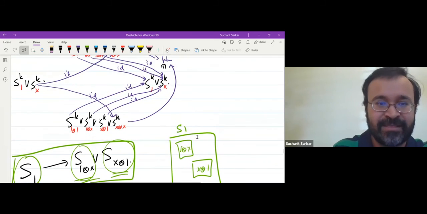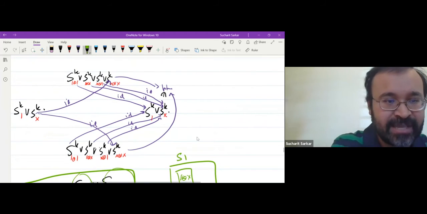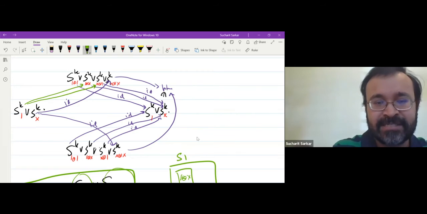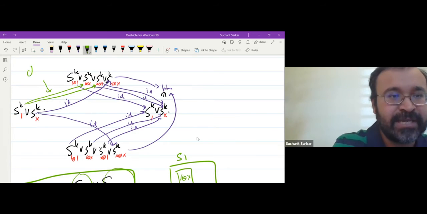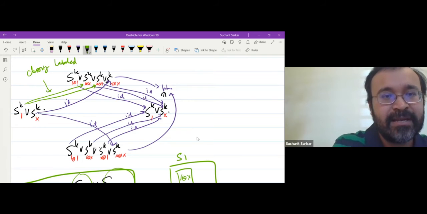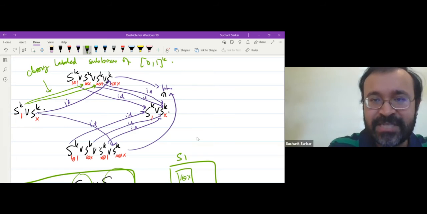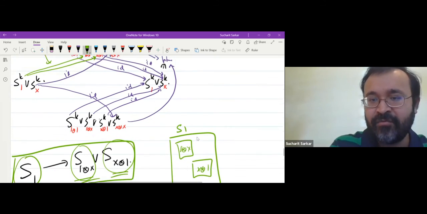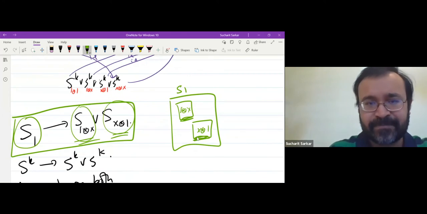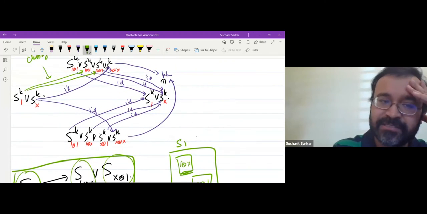So I could define this guy. This S1, I could map to 1 tensor X and S tensor 1 by choosing labeled sub boxes of 0, 1 to the k. So if I choose labeled subboxes of 0, 1 to the k, where these are the labels, then I can do it.